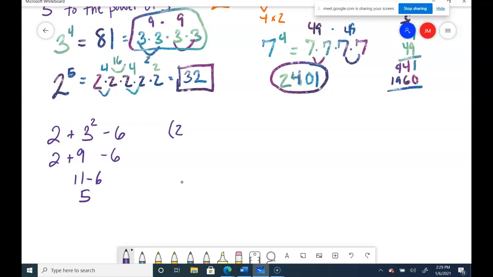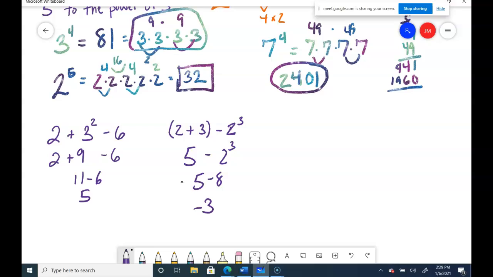Okay. So here I do everything in parentheses first. 5 minus 2 cubed. 5 minus 8, which is negative 3.